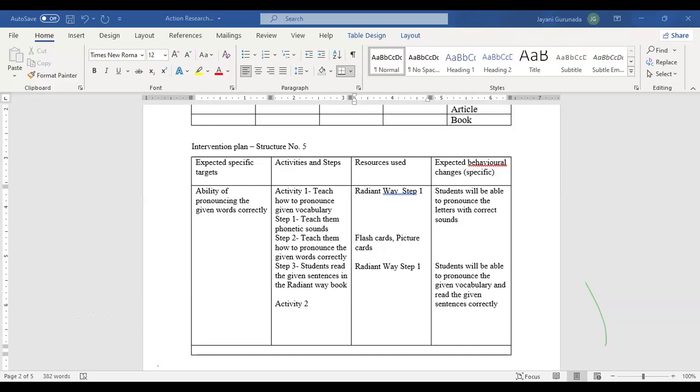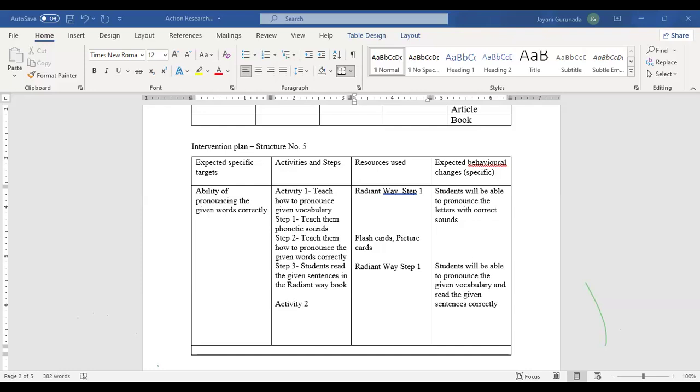Then you can have activity 2, and then again steps. Activity 1 some steps, and activity 2 some steps. Okay, activity 2 is practicing writing short paragraphs. Step 1 for that is a speed checking activity and creating a punctuation chart as a group. At last, activity 3, testing them with a short writing task.